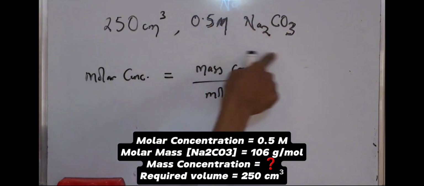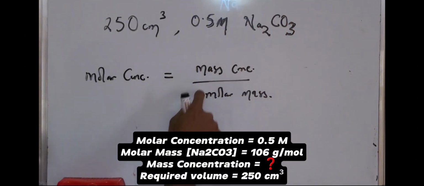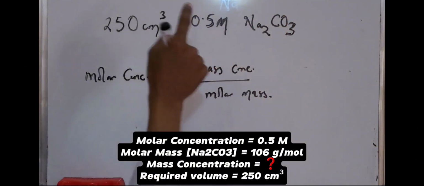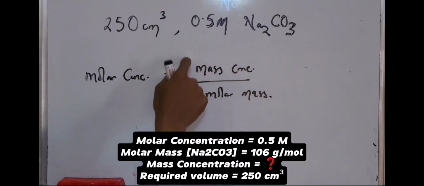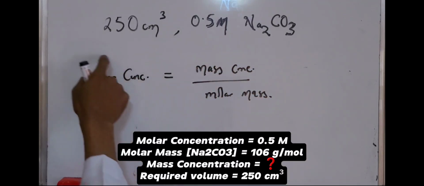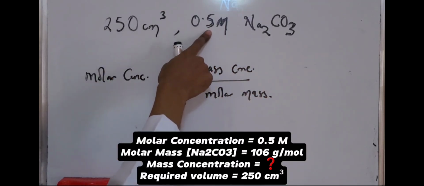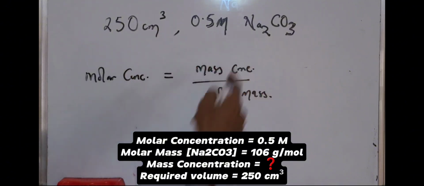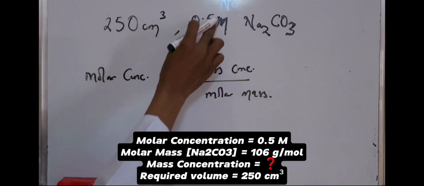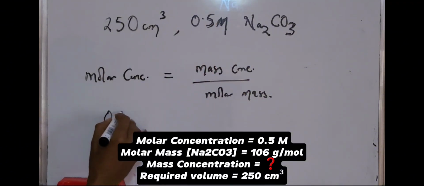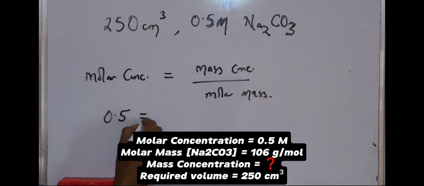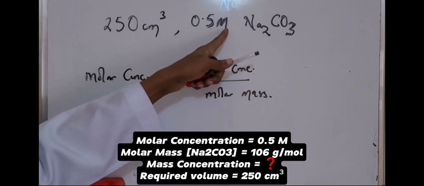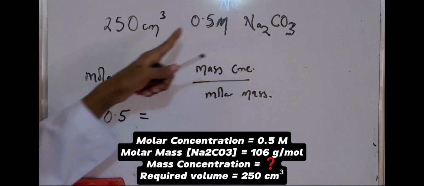So this formula is giving you insight about the molar mass. That amount you are going to weigh is the mass concentration. Then the molar concentration is given because this is standard solution. Now molar concentration is 0.5, so I have 0.5 will be equal to how much am I going to weigh? And this mole, capital letter M, has to do with dm cube.